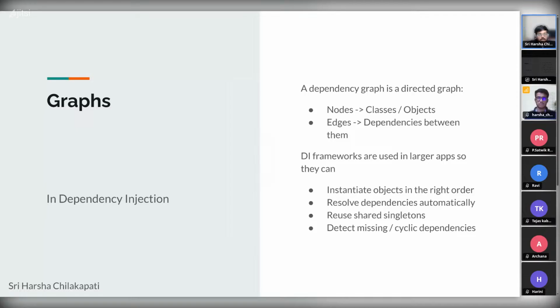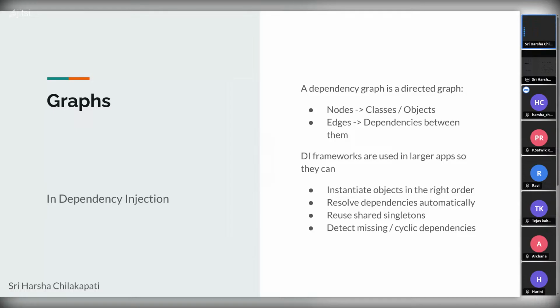And let's say that object requires some other object. You'll have to create those other objects first. So it's a kind of dependency. In a dependency graph, nodes are classes or objects, and edges are the dependencies between them.